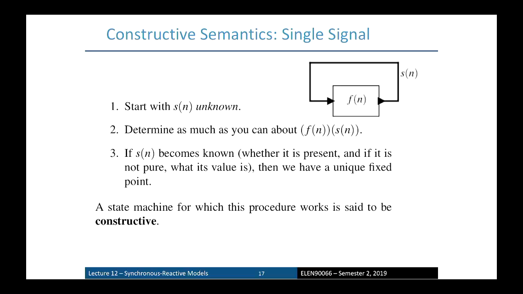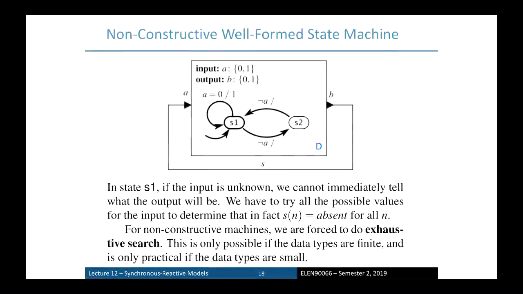A state machine for which this procedure works is said to be constructive. And you can test state machines and feedback interconnections to see if they're constructive or not. If they're constructive, it's very easy to determine whether or not they're well-formed. Now, it turns out you can have non-constructive, well-formed state machines.